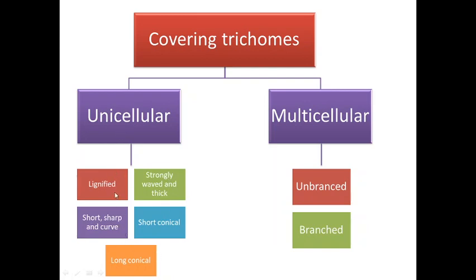So first is lignified trichomes, second is strongly waved and thick trichome, third is short, sharp and curved trichomes, fourth is short and conical trichomes, and fifth is long and conical trichomes. These are the five different subtypes of unicellular covering trichomes. Next, the multicellular trichomes. These are again divided into two types, that is unbranched and branched.